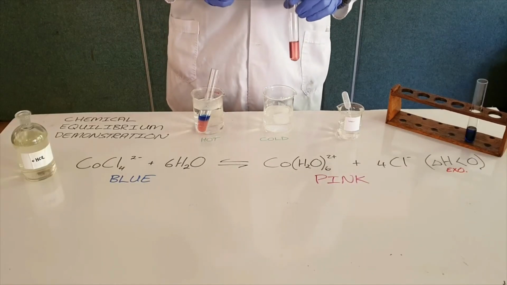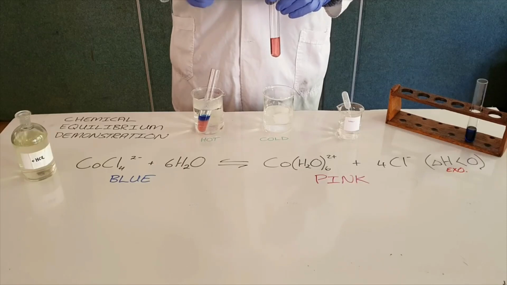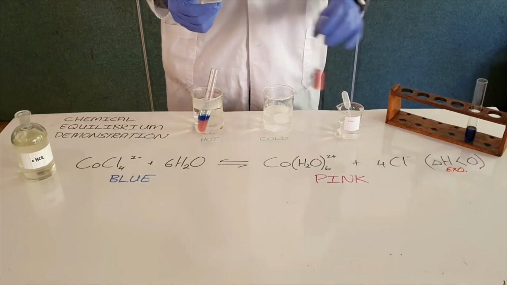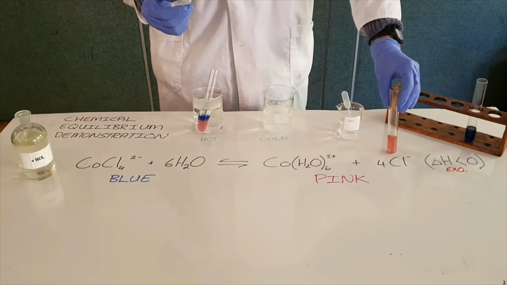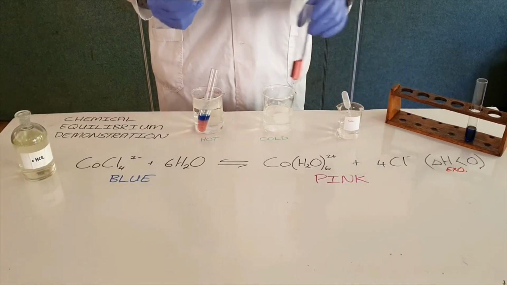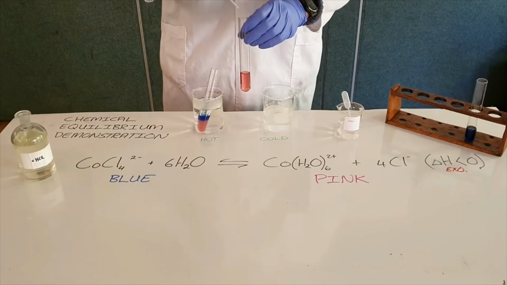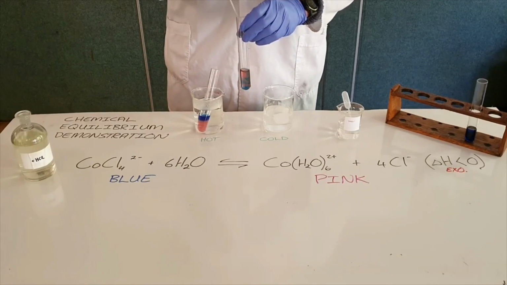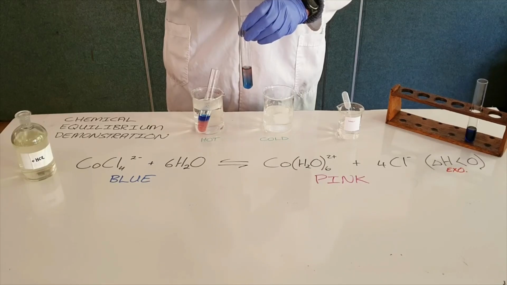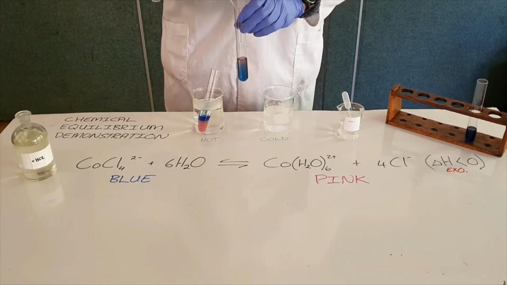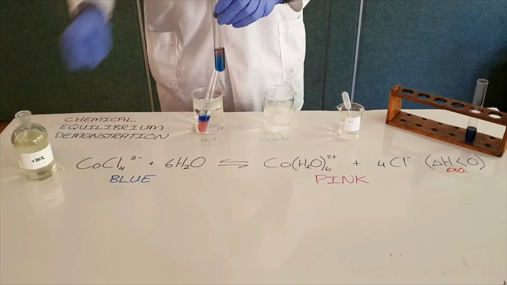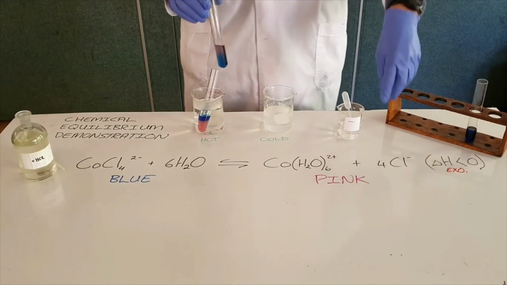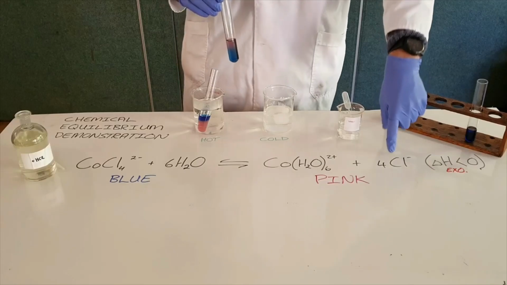So by adding hydrochloric acid to the solution, I am adding a common ion, which is why this is called the common ion effect. What that tells us is that I'm increasing the concentration of one of the products, which means that I should favor the reverse reaction, and we should see the solution turn more blue, which we can see happening here. It's important to note that it is not necessary to add specifically only chloride.